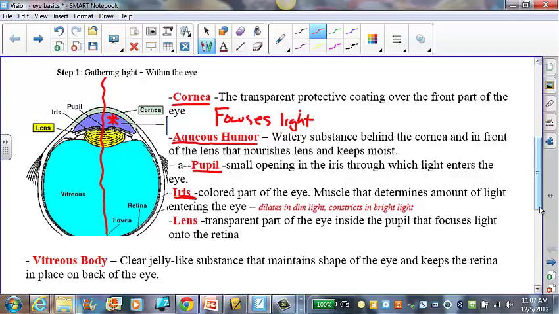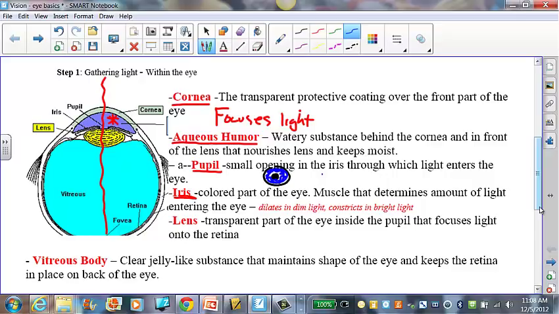Now, the pupil is that small opening, that dark opening in the center of our eye. And light travels through it, and depending on how bright or dark it is in the environment that we're in, that opening can get larger or smaller.